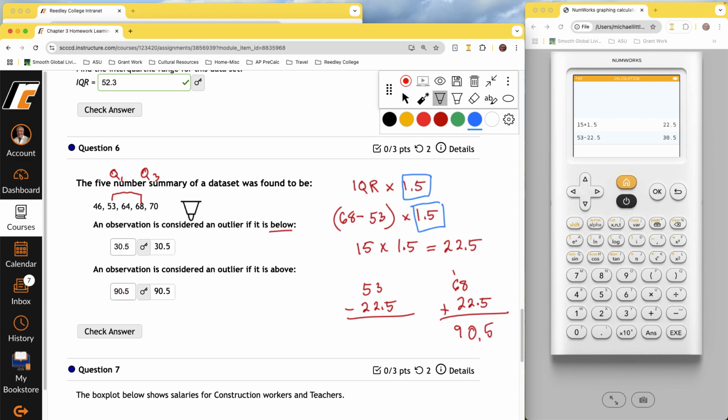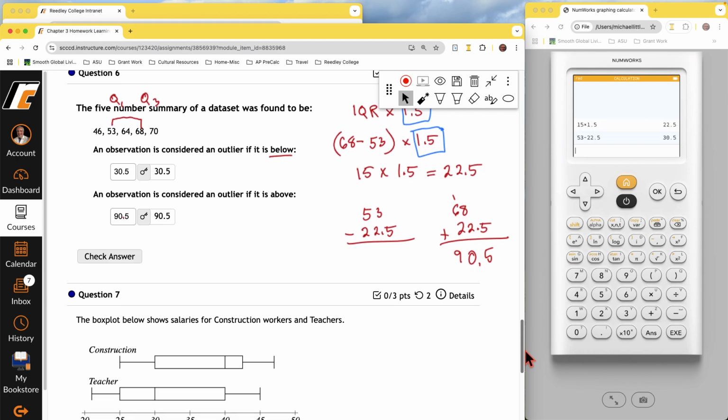Outliers with a 5-number summary: interquartile range times 1.5. Have it somewhere you can reference it, because these are not things we necessarily do every day, and so sometimes we forget them.